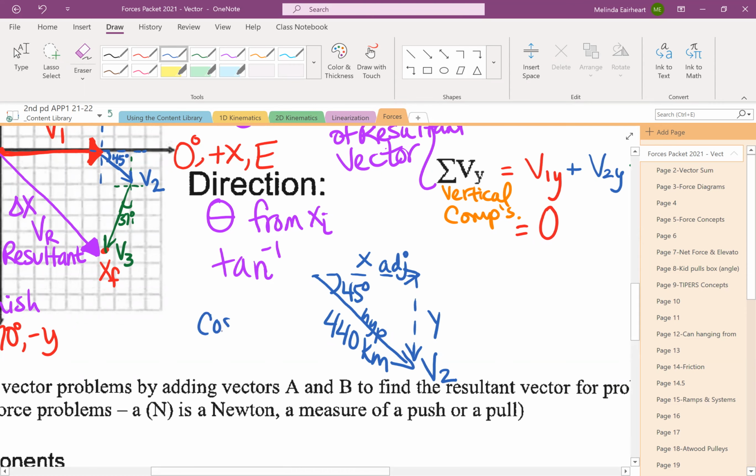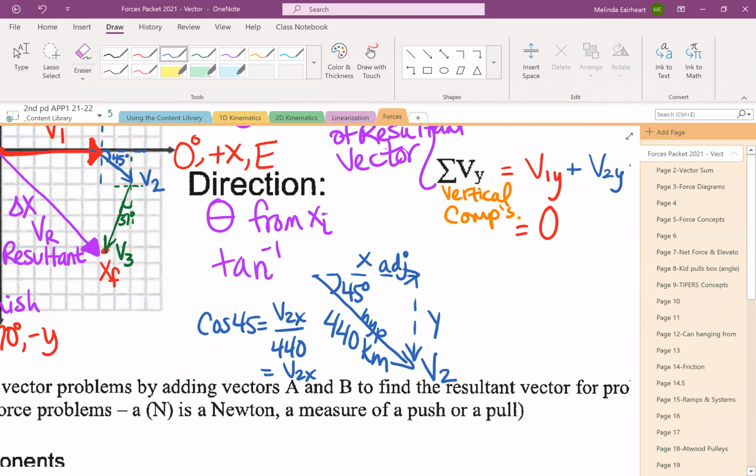And so cosine 45 would equal that V2x over 440. And so grab a calculator, make sure you're in degree mode. It matters. This one's in radians, so don't ever assume.